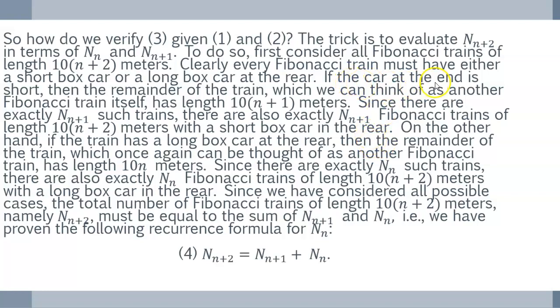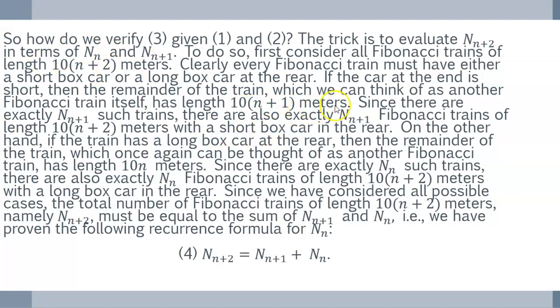Let's consider first the case in which the car at the rear is short. Then the remainder of the train, which we can think of as another Fibonacci train, has length 10n plus 1 meters because we've subtracted 10 meters from 10n plus 2.